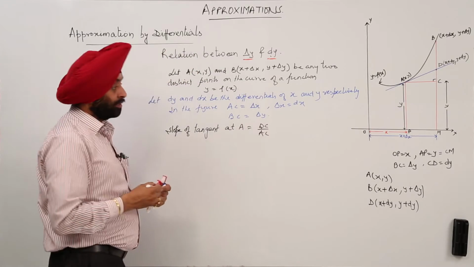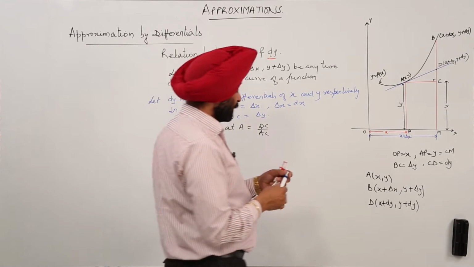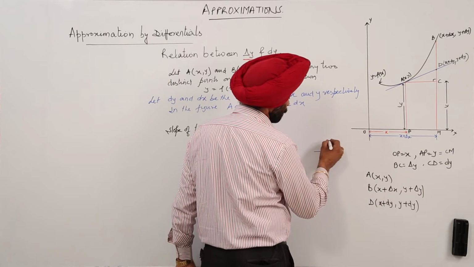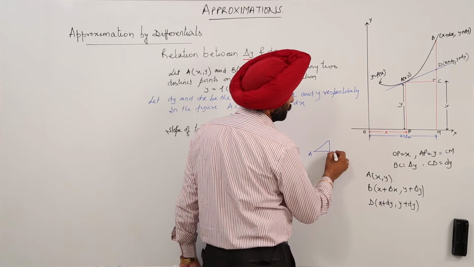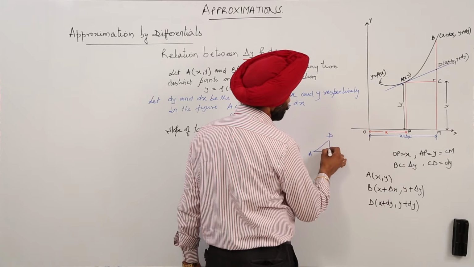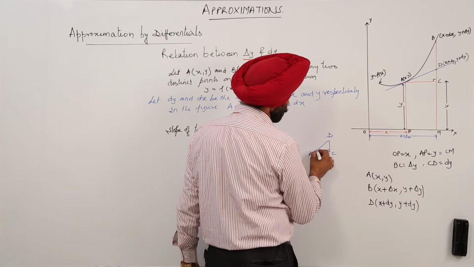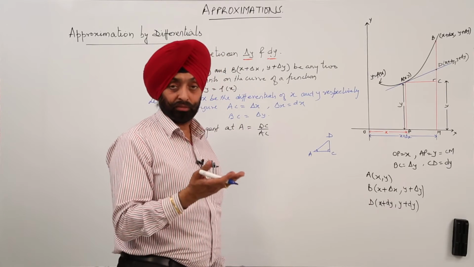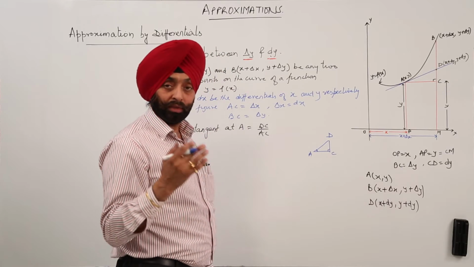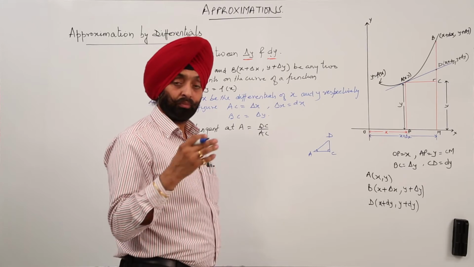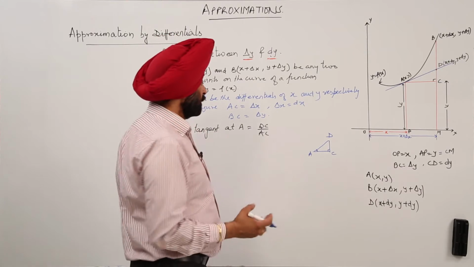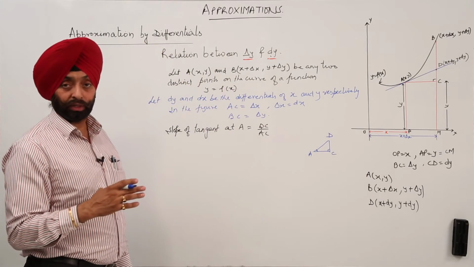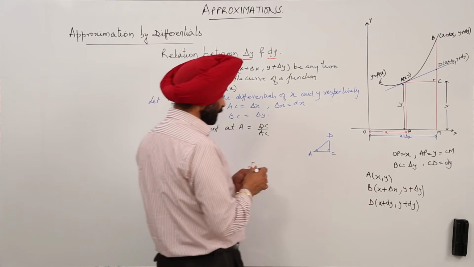Now you can check it. What we are having? We are having A, C and D. This is a right angle triangle, and this we are discussing, perpendicular upon base, that shows the tangent of that particular angle. So DC upon AC is the slope of the tangent at point A. Okay.